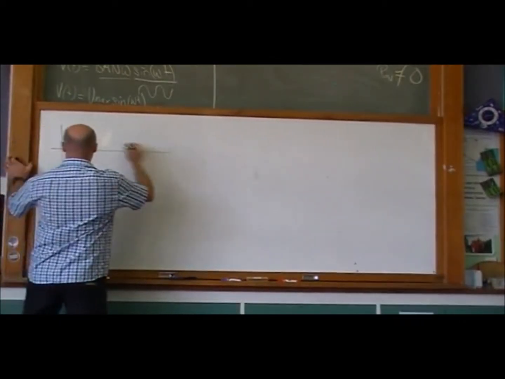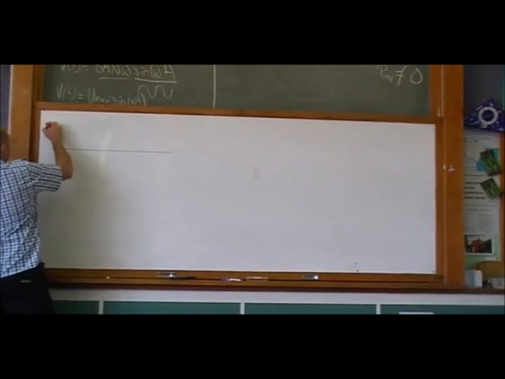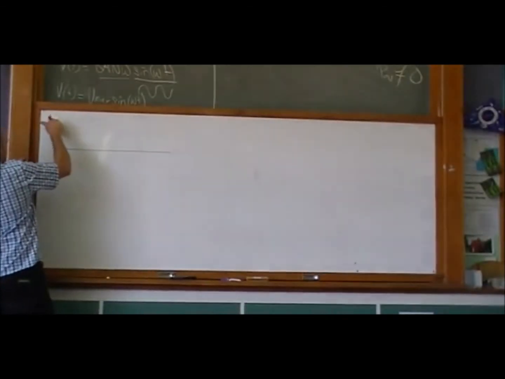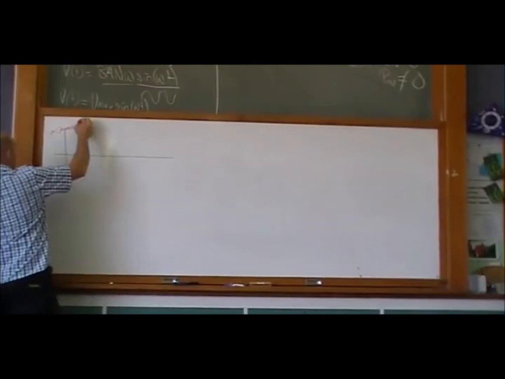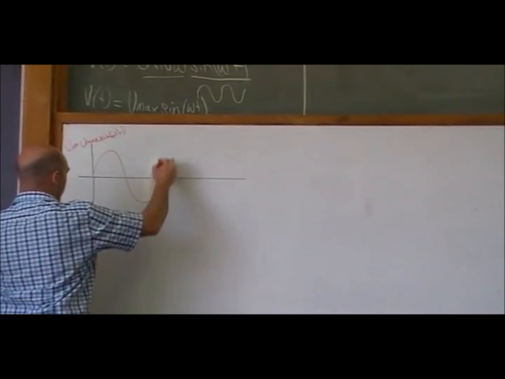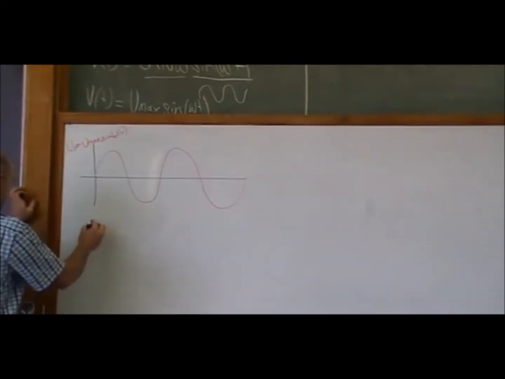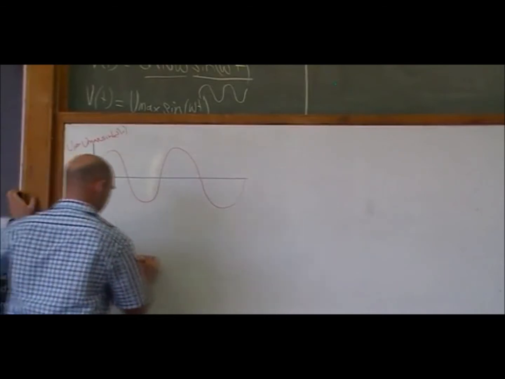So V is V max sin omega t, and we got something that looks like that. Let's square it.